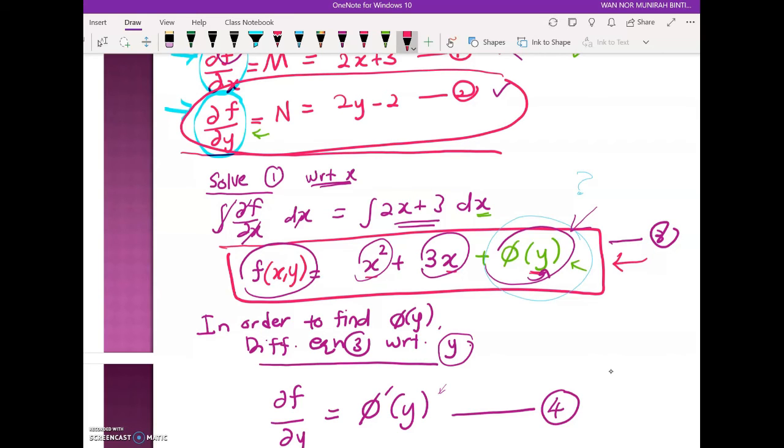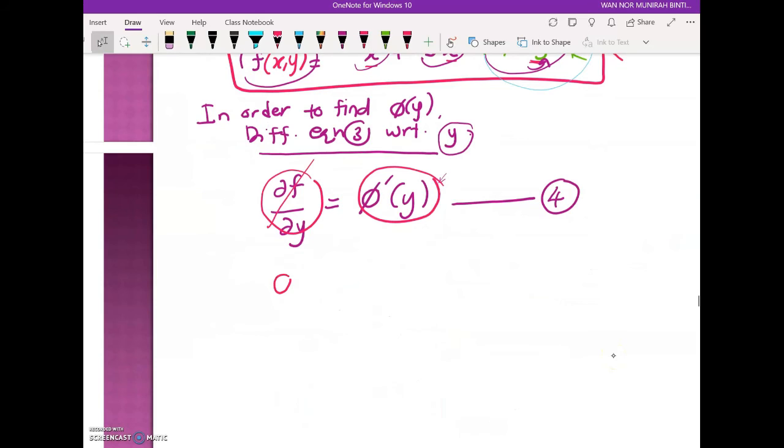When comparing the left hand side, I have the same thing, so I can cancel out. For the right hand side, I have phi prime(y) equals this, so I can conclude that phi prime(y) equals 2y minus 2.